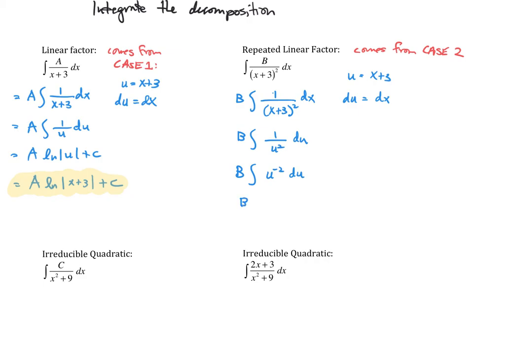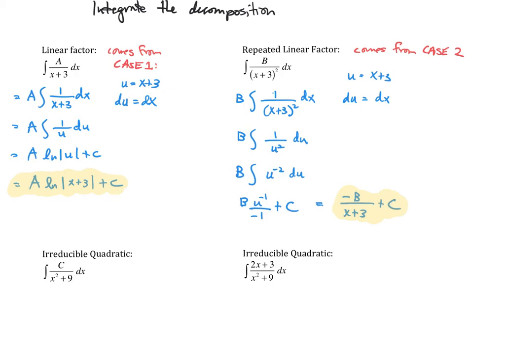So we'll have b times u to the negative 1, and then divide by what you just wrote, which is negative 1, plus c. So in the end, we're going to get negative b divided by x plus 3 plus some constant c. All right, so that handles the repeated linear factor case.